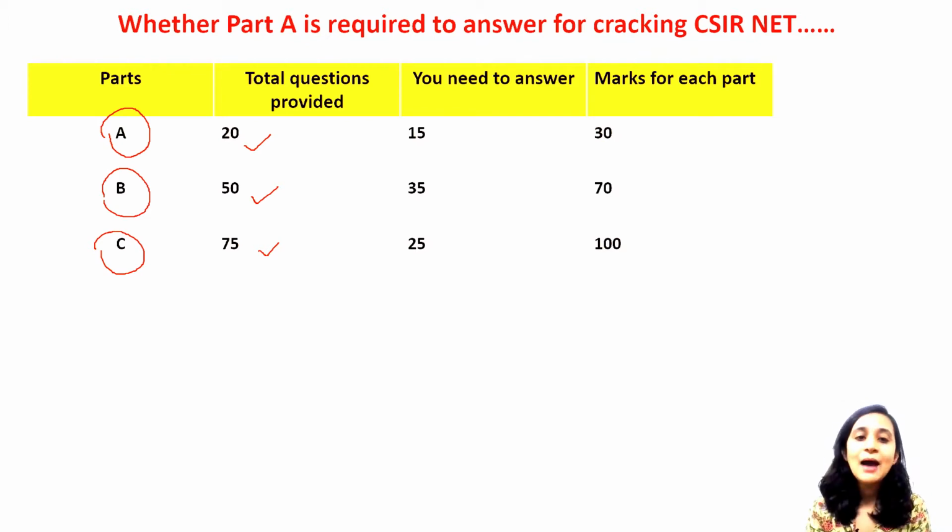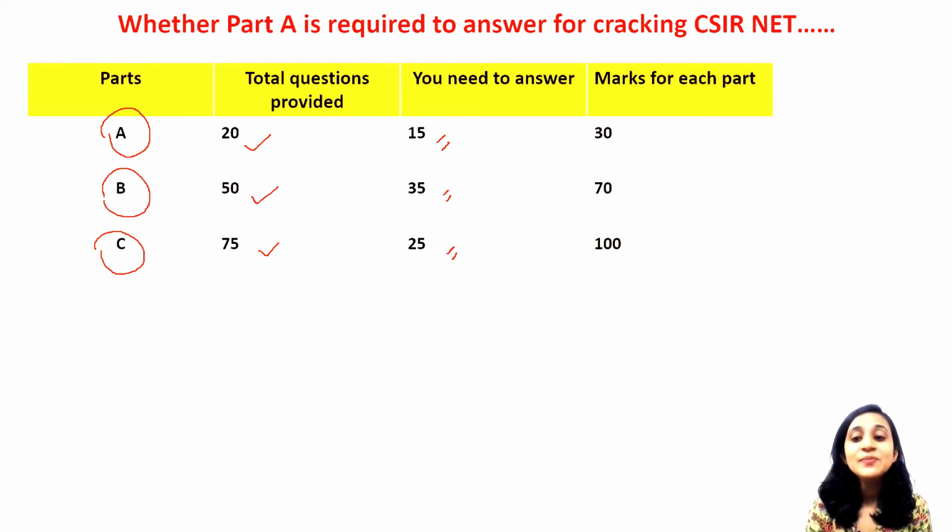In Part A, among these 20 questions, you need to answer 15 questions, 15 maximum. Among 50 in Part B, you need to answer maximum 35 questions. And in Part C, among 75 questions, you need to answer maximum 25 questions.